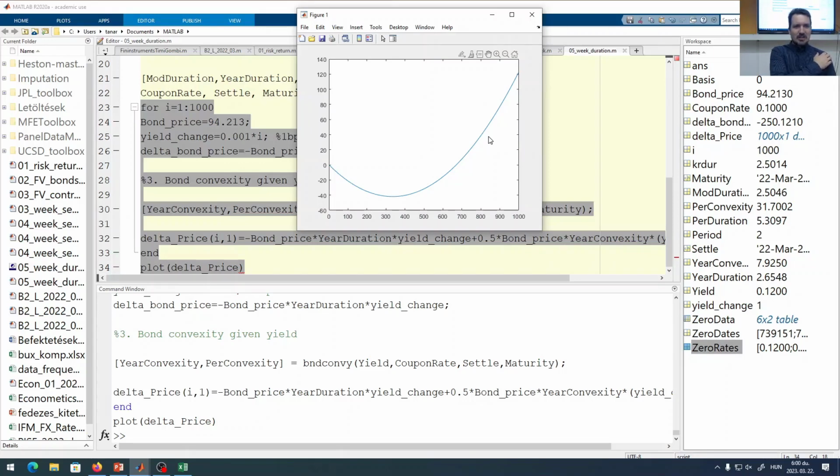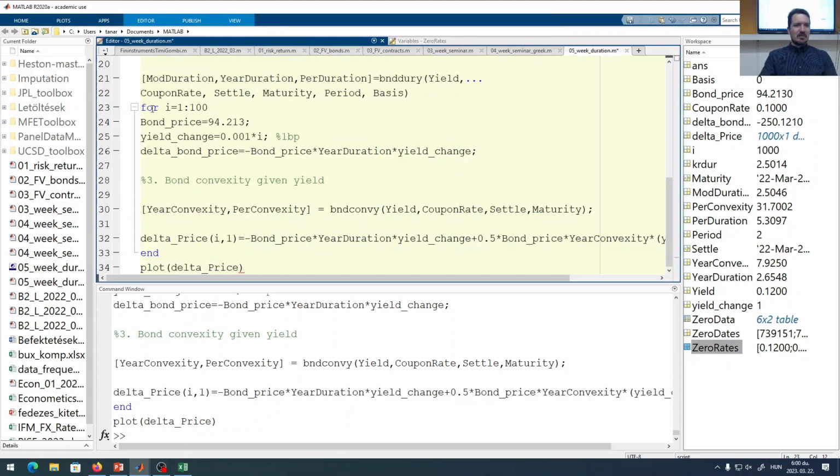So yield change is 1. So 100 doesn't have a meaning anymore, so maybe it's only reasonable to deal with 100 here because we are going up to 90%. Until 90%, I think it's reasonable to go.